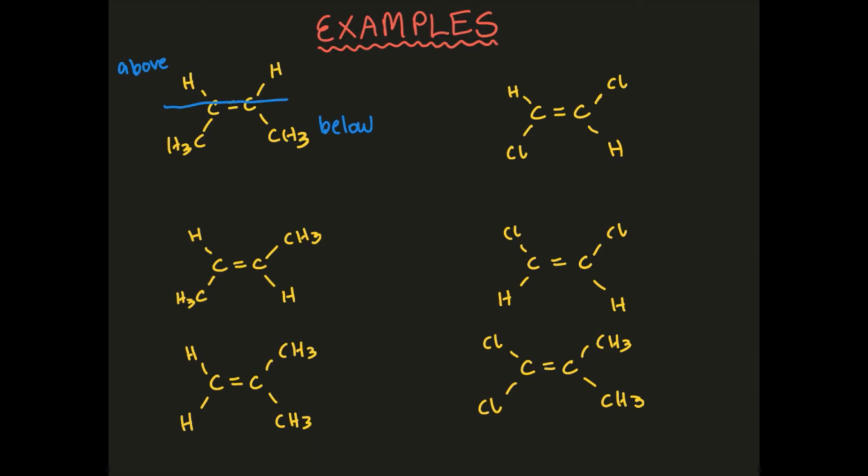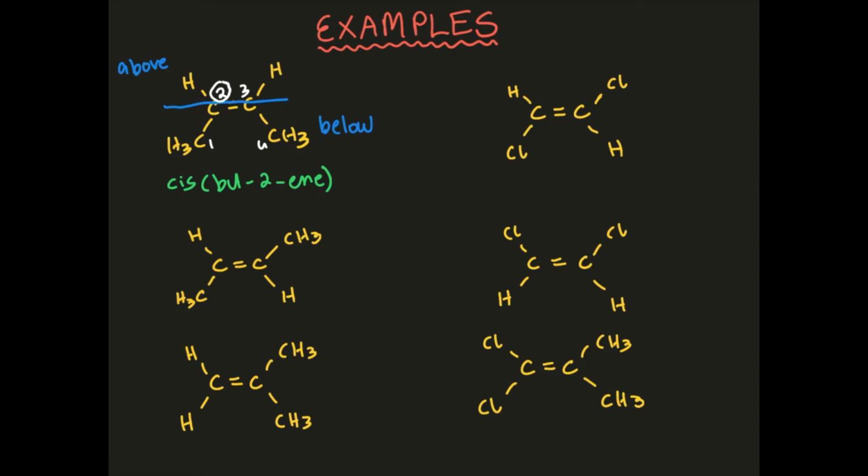Now previously we talked about how if same groups are attached on the same side of the carbon, in this case it refers to above the carbon, it's going to be classified as a cis isomer. So now let's name this. This has 4 carbons and the double bond is on the second carbon. So this is going to be classified as cis-but-2-ene.